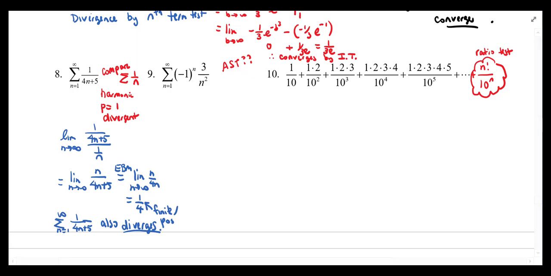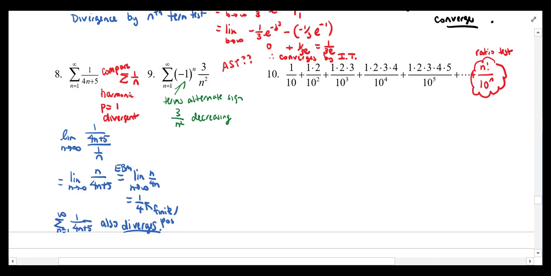All right, number 9. I gave you the idea of AST, right? Yes, so hopefully you can see that the terms alternate sign. I hope you can also understand that 3 over n squared is decreasing. Once again, you can take the derivative if you want to show that this thing is decreasing all the time, or you can just write out the terms and see. But we know this definitely decreases.